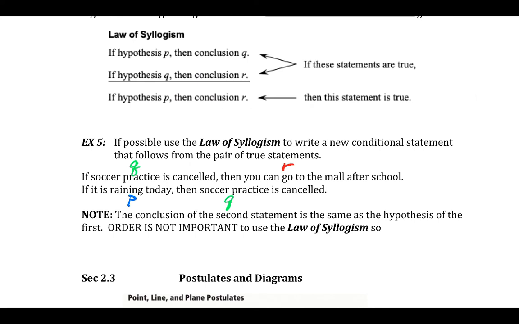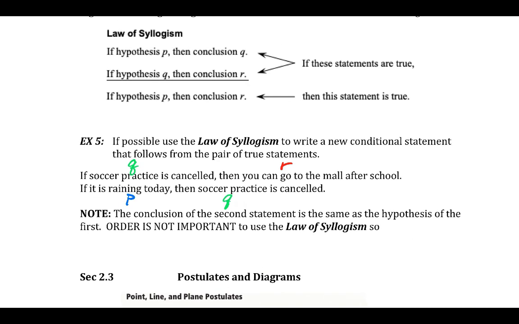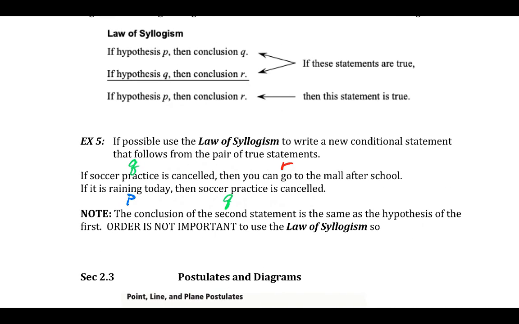Look at what we're saying here. Order is not important. Since we have this one being the same, these are the 2 new ones that we're going to use in our law of syllogism.